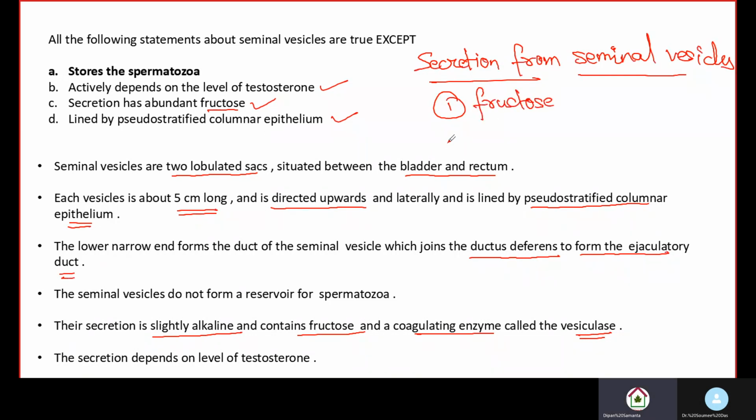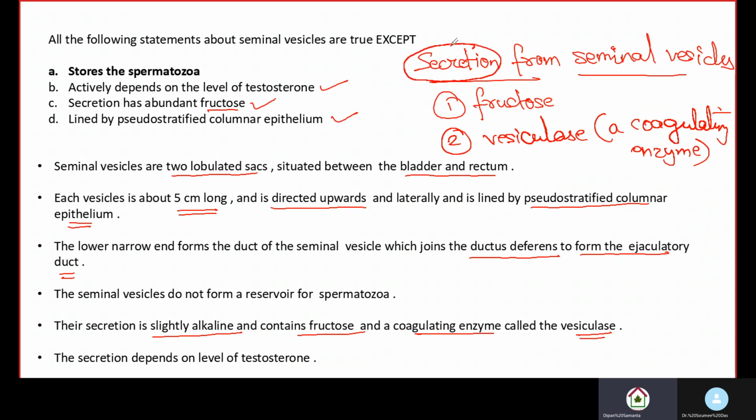Number two, vesiculase, a coagulating enzyme, very important. Another thing very important is that secretion from the seminal vesicle is alkaline in nature.